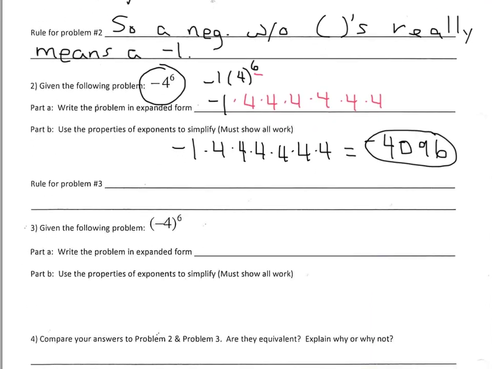Now for problem 3, it's a little different because there's parentheses. And what parentheses means is that there is no negative 1, but the base is negative, because it's inside the parentheses.